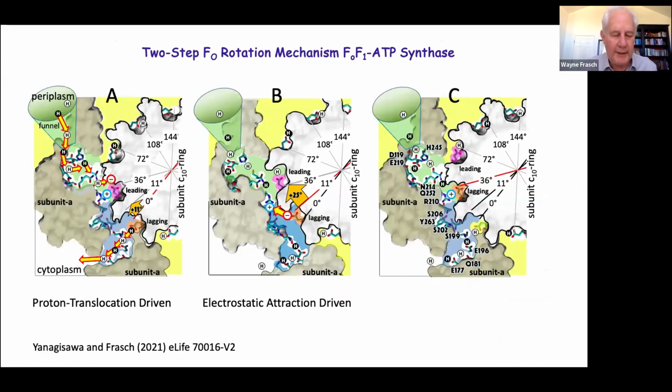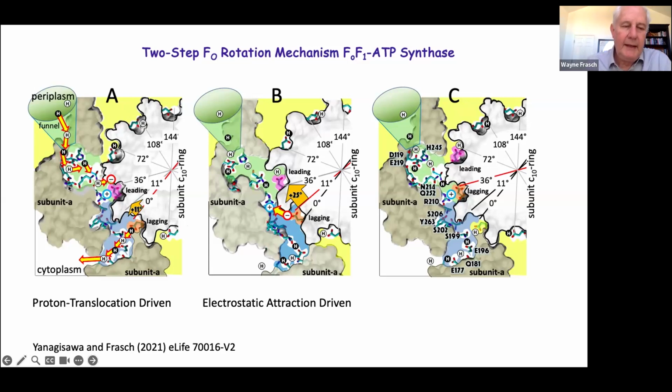My work in the last few years, one of the major studies we published a couple of years ago, had to do with what generates the torque of the protons traveling through subunit A as they go into the carboxyl group on each C subunit in the C ring. The proton has to travel all the way around before it's delivered back to subunit A, where it goes to the cytoplasm. So it starts at the periplasm, comes in, goes out.